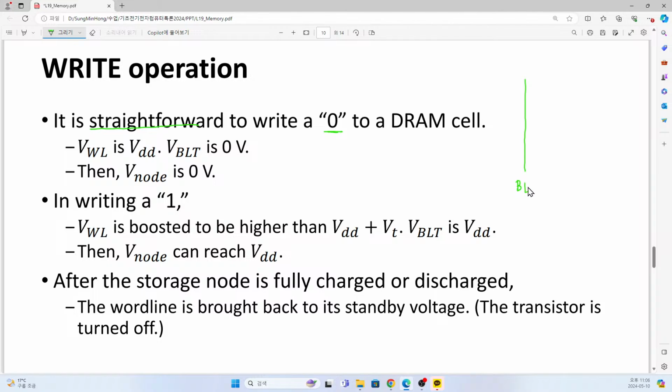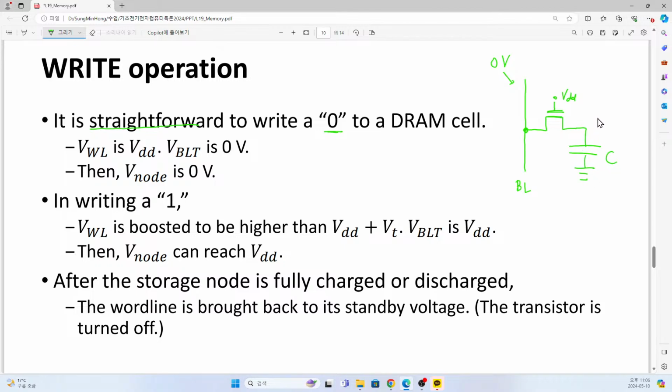At the bit line, if we want to write 0, then this bit line is biased to 0 volt. And here we have the access transistor, and this access transistor is just turned on. Okay, now it is turned on. Then here we have a certain capacitance.